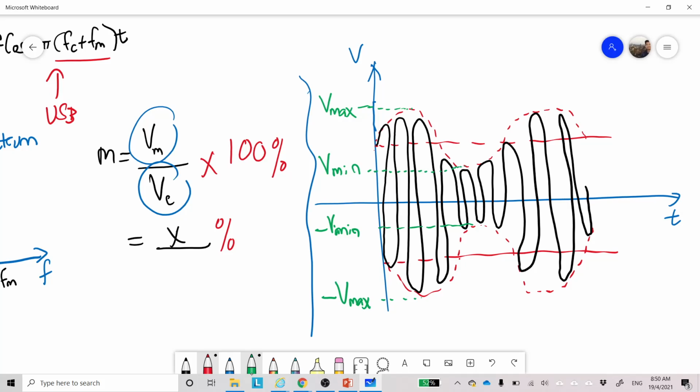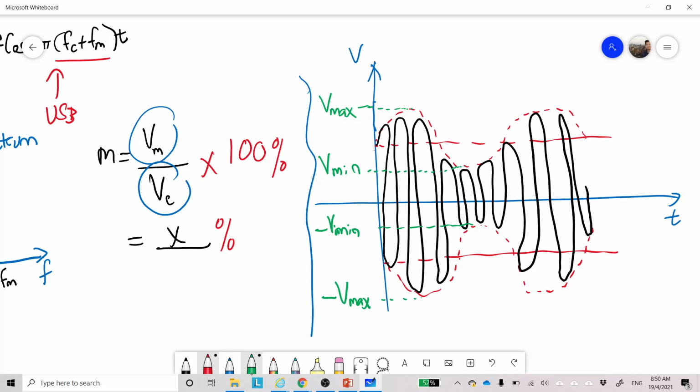The modulation index M is equal to Vmax minus Vmin, divided by Vmax plus Vmin.